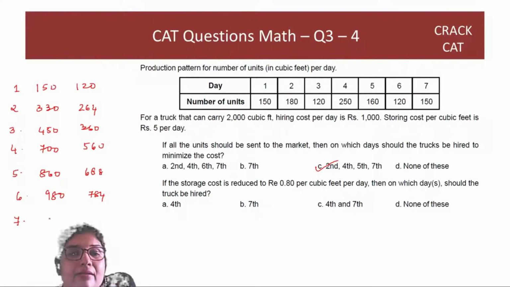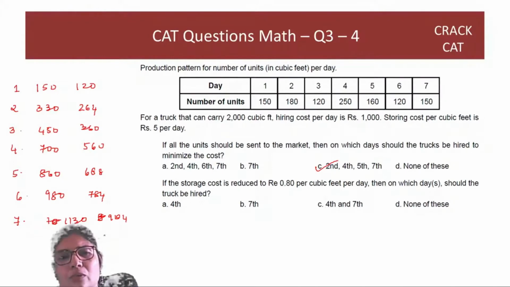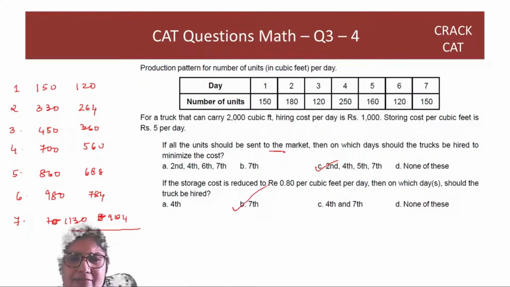And on the 7th, now you have 1130. Again this is less. When you multiply this by 8, you get 904. So you would not hire the truck till the end, but you have to send everything to the market. So on the 7th day, you'll send everything to the market. Okay. Great, guys. Let's move on to the next question.